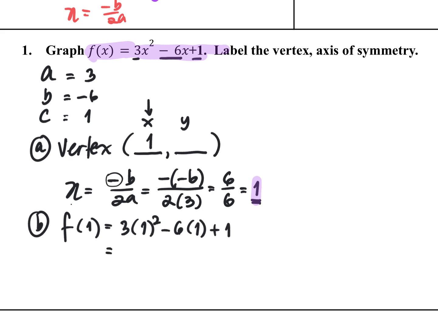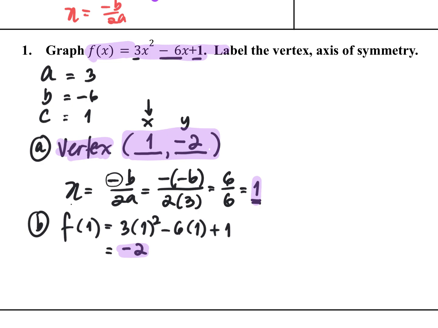So this is going to give us negative 2. Okay, there you go. So our y-coordinate is going to be negative 2. So we're going to write that one here. Let's give that also a little mark. So that's going to be our vertex.